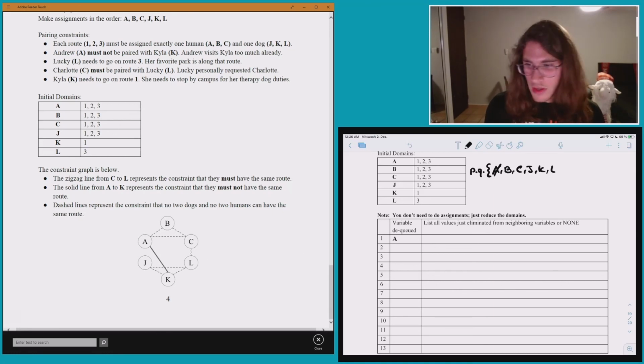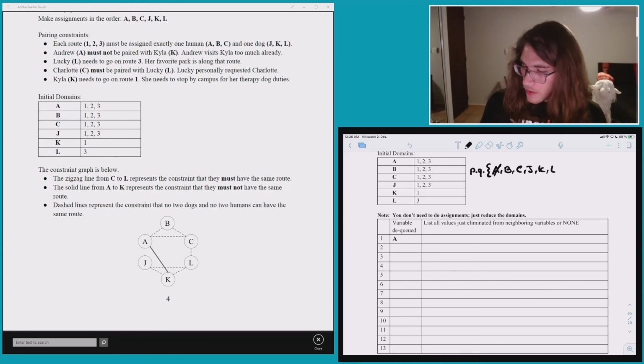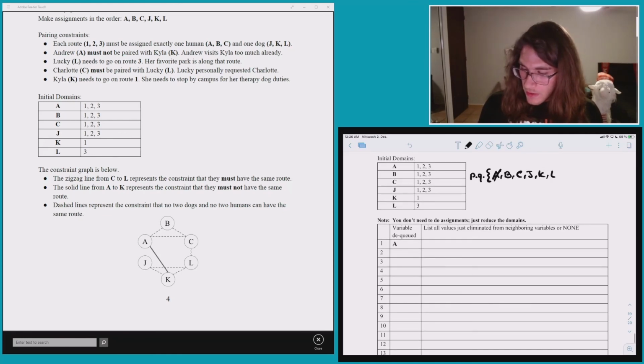Give me 1 second. I want to catch up to my own notes. Okay. I look at A's domain, and I see it's 1, 2, 3.